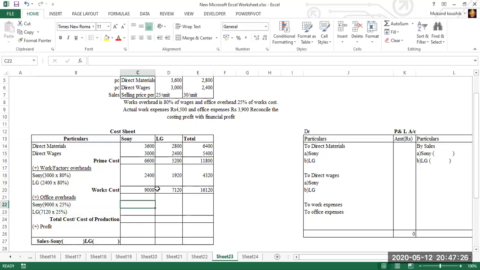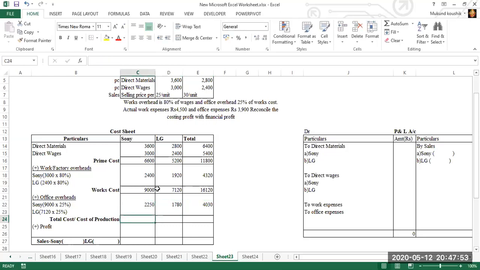Now we have to find out for Sony it will be how much? It will be 9000 into 25%. Then again for LG it will be 7120 into 25%, 1780. Then again in total column we have to add total of both Sony and LG.